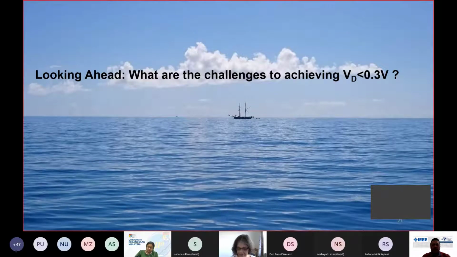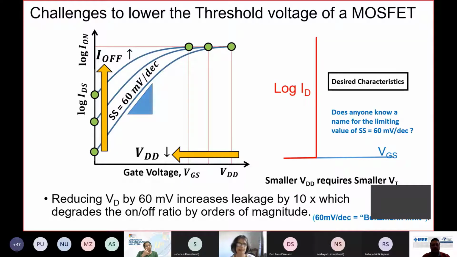Now, the main thing is to look at how we can reduce the supply voltage. And to do that, we go back to the subthreshold characteristics of the transistor. And we know that we had to plot it in a log scale versus VGS or VDD. And what we see here is that there is a slope which is 60 millivolts per decade.